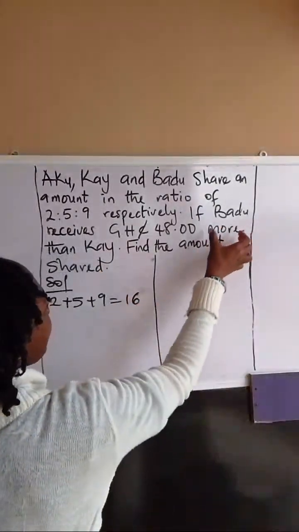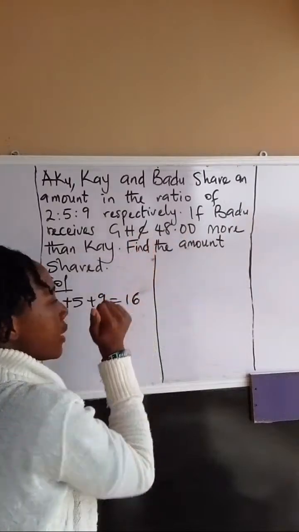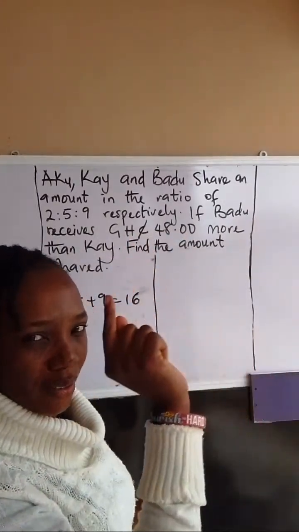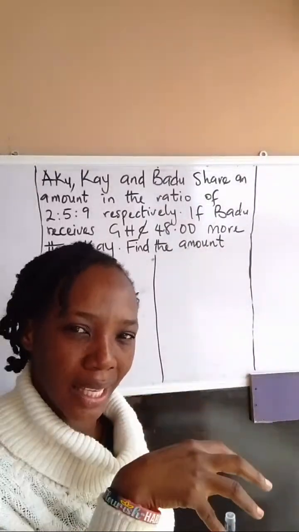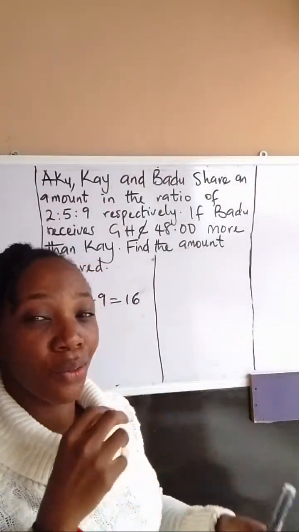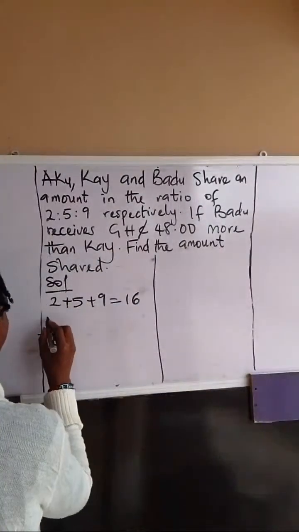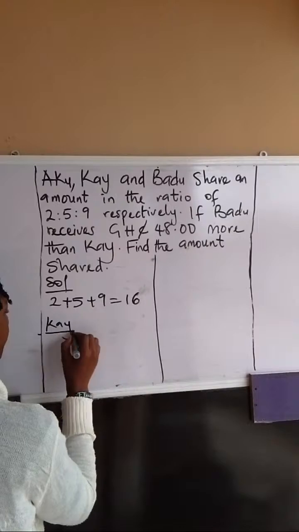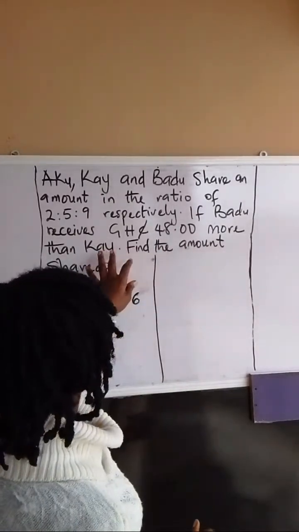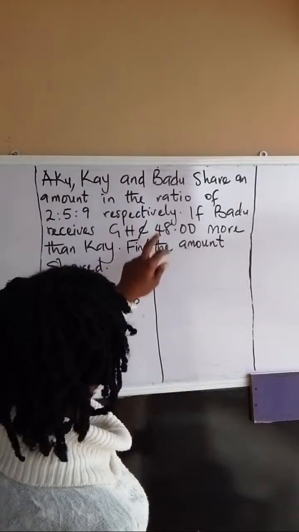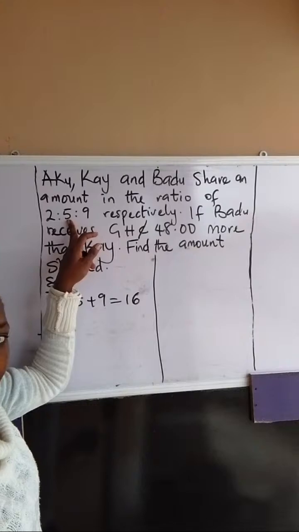So now Badu receives 48 Ghana cedis more than K. First of all, let's get what K receives so that we can know how to place Badu. Now, this is for K. The ratio for K is 5, so that's 5 over 16.